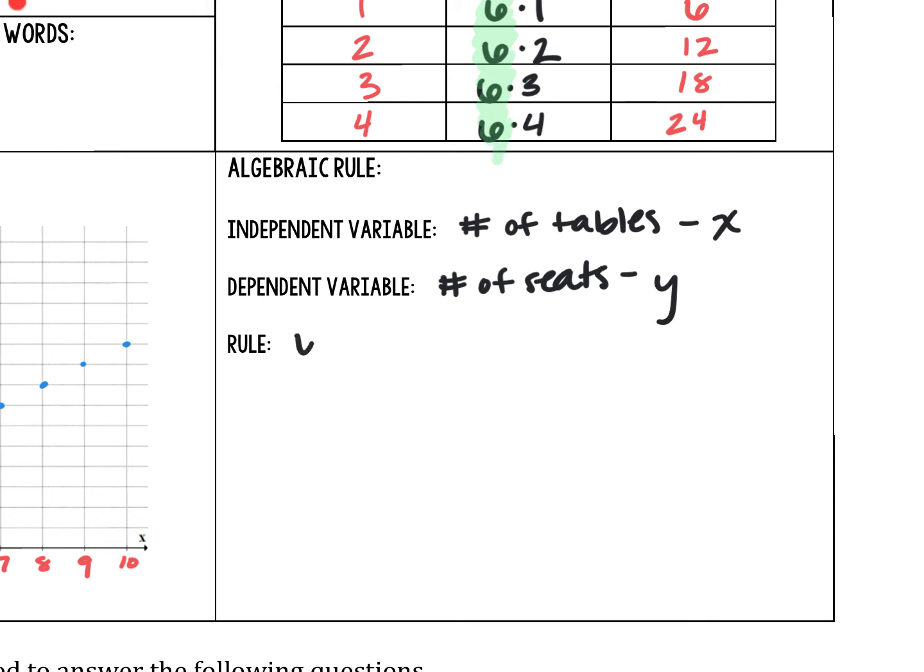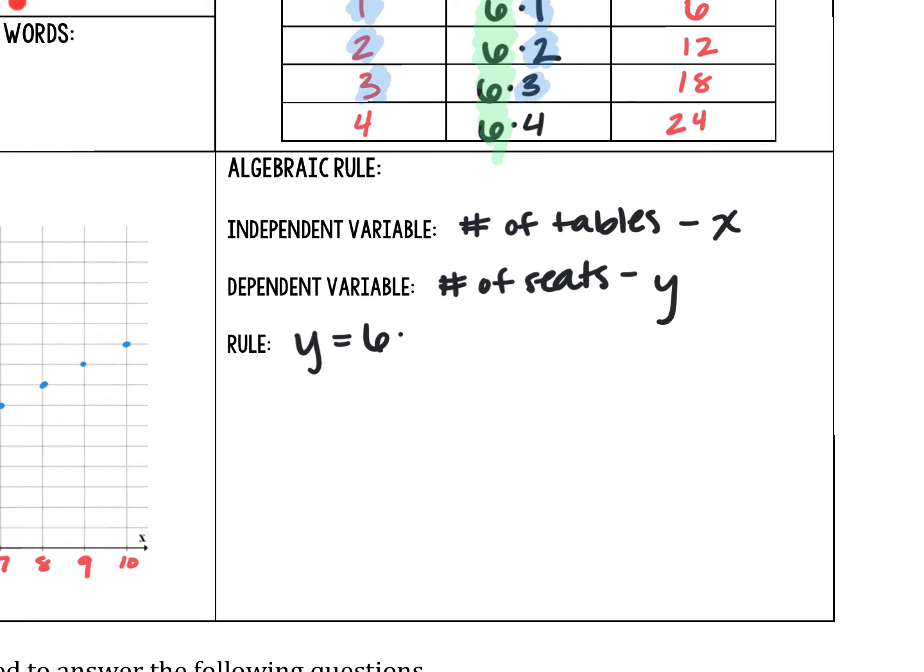So that's going to be part of my rule. So we know that y is equal to 6 times something, and I need to figure out what that something is. I can see that this 0 matches this 0, and this 1 matches this 1. So I'm taking 6 times the number of tables.